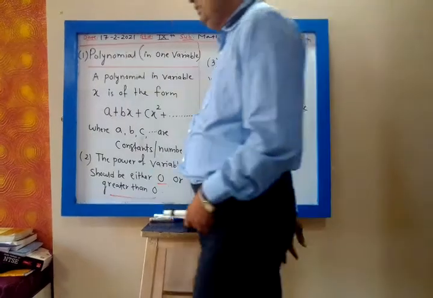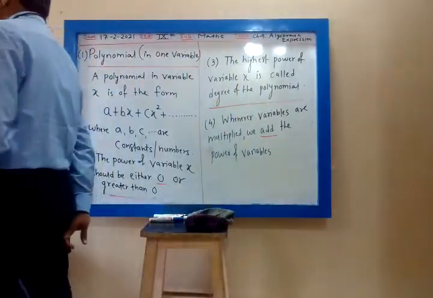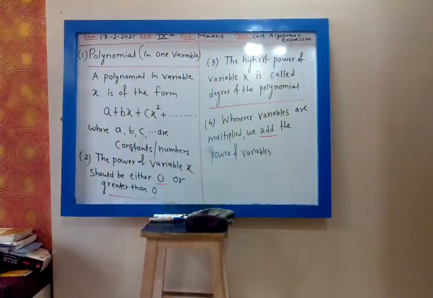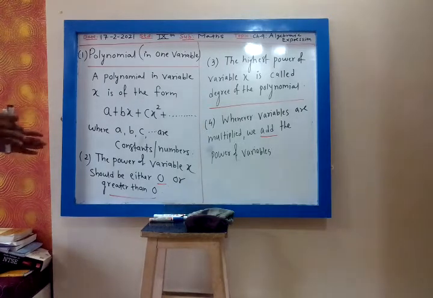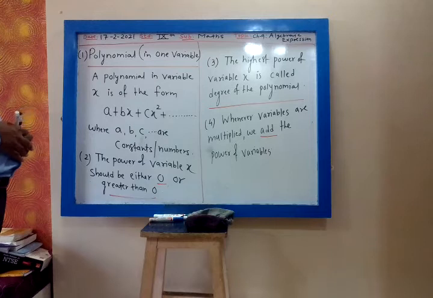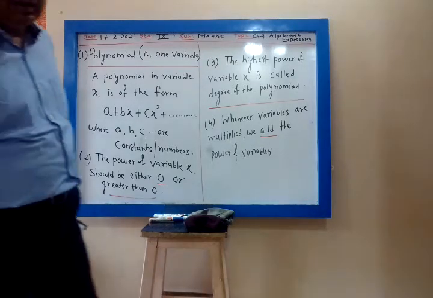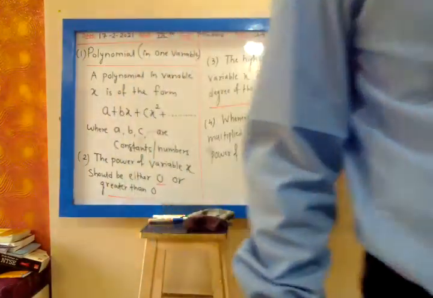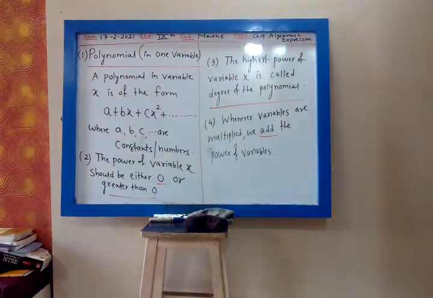Now based on this, we have to solve. Write it fast, my dear. Now start 9.4. You have to start 9.4 based on this explanation of polynomial and degree of polynomial.